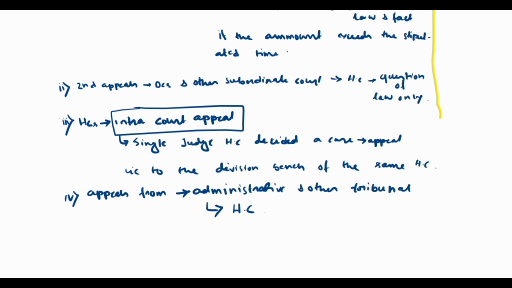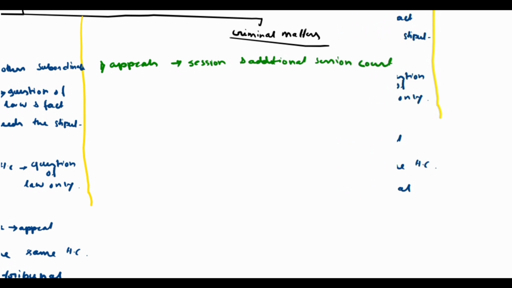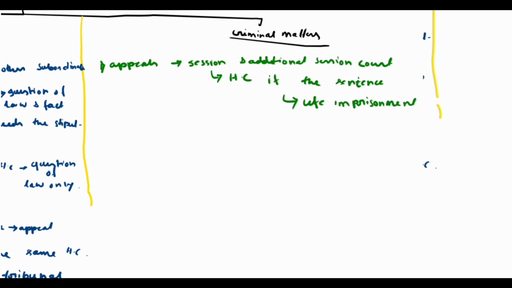Now see, in case of criminal matters, appeals from the judgment of sessions court and additional sessions court lie to the High Court if the sentence is one of life imprisonment for more than 7 years.